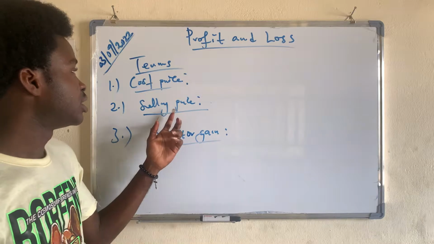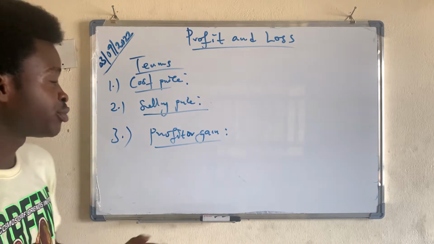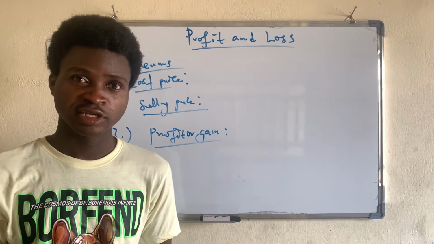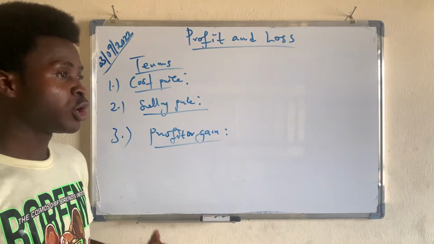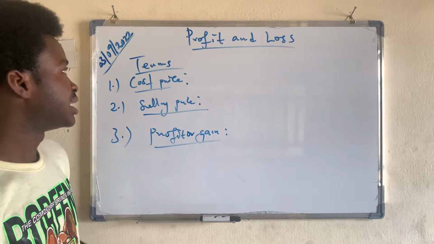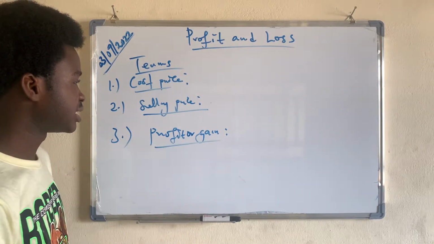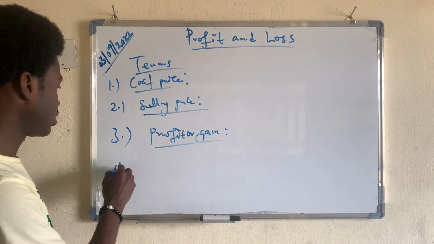So when your selling price is greater than your cost price, you are said to have a profit. So your profit is the amount you obtain from selling an article that you bought. So your profit is the gain there.